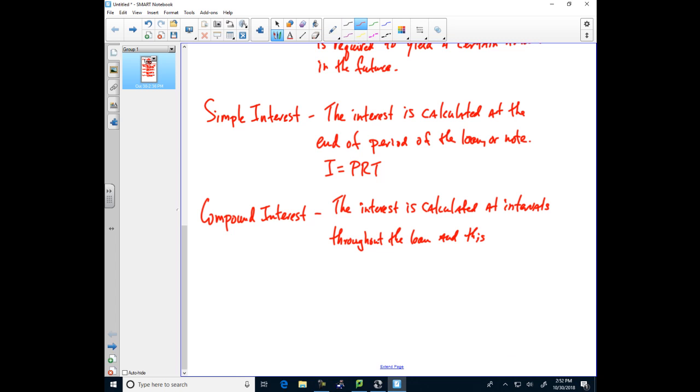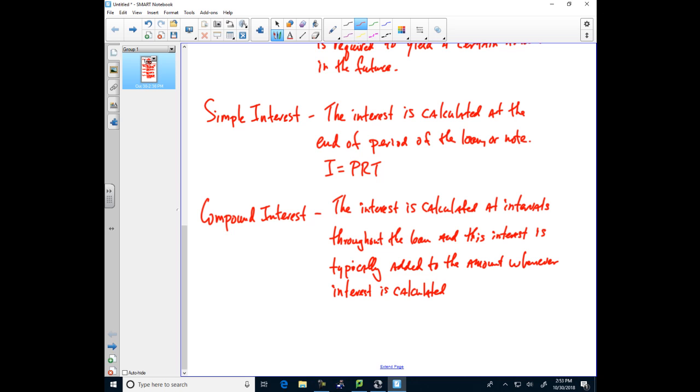And this interest is typically added to the amount whenever the interest is calculated.